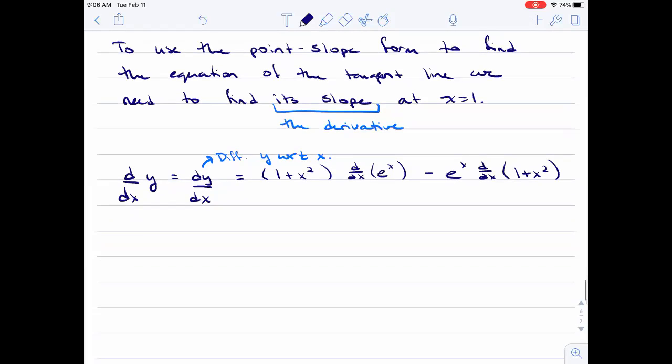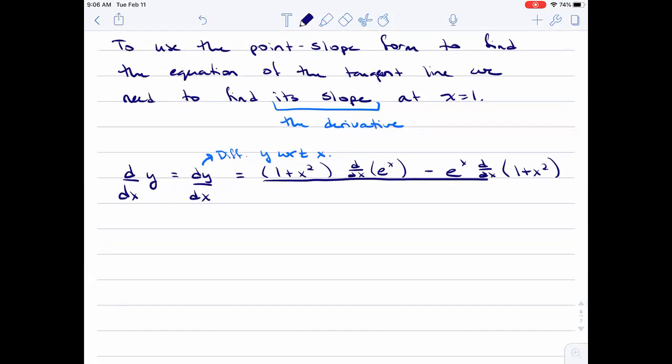Essentially g prime over g squared, 1 plus x squared squared. And again, I'm probably just going to leave that as 1 plus x squared all squared. I'm not going to do anything with it.